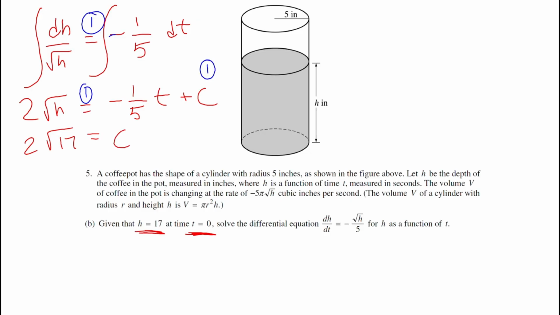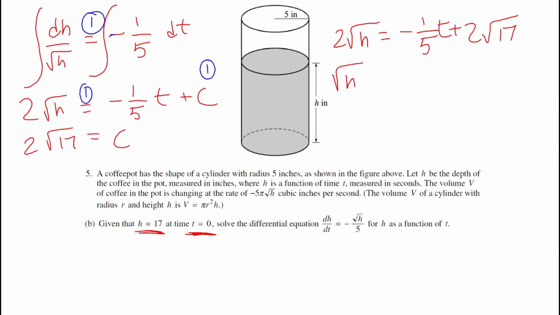So now we can go back in and plug in 2 root 17 into 2 root h equals negative 1/5 t plus 2 root 17. We'll divide by 2, and then we'll square.